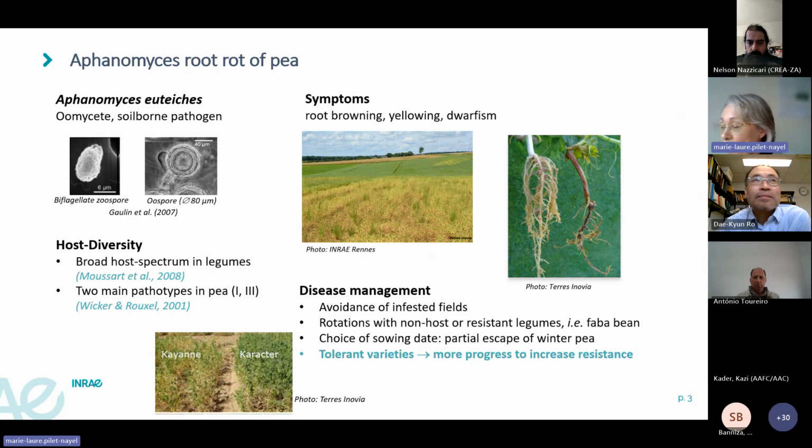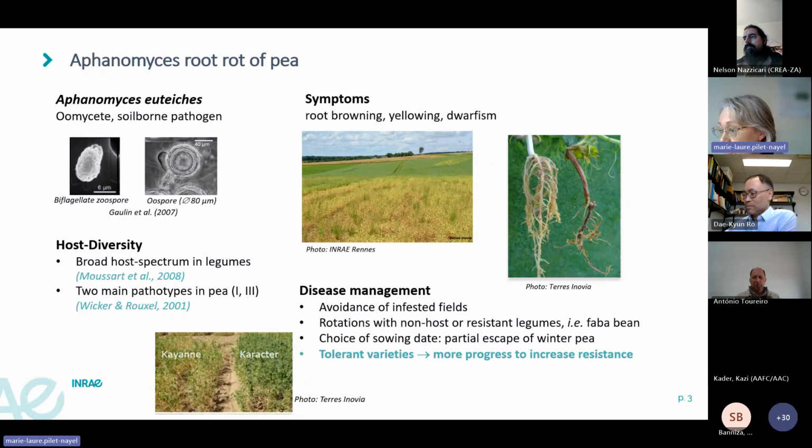It's a good question. Maybe as faba bean and lupin are resistant, finally we did not focus research efforts on genetic analysis in these species. We have recently conducted genetic analysis of resistance in faba bean.